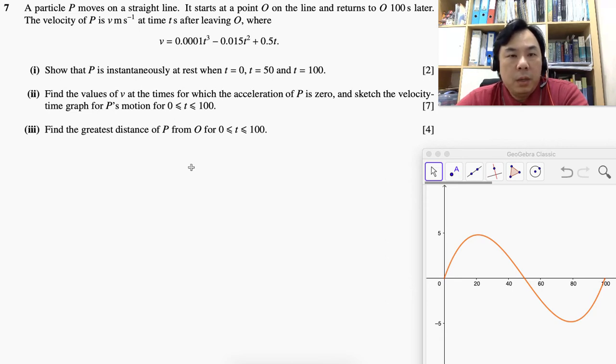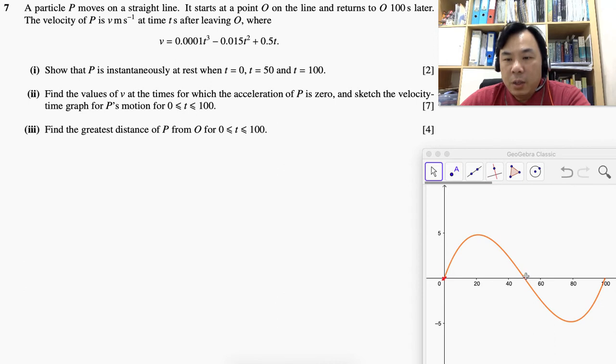Show that P is instantaneously at rest when t is equal to 0, t is equal to 50 seconds, and t is equal to 100 seconds. If you are able to sketch the graph, of course I have already sketched it here, you will notice that the only time the particle is instantaneously at rest is when its velocity is equal to 0. So you will notice that yes, it's 0 over here.